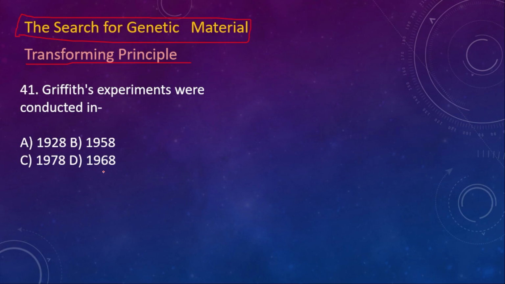Here the right option is option A, 1928. In 1928, the British bacteriologist Frederick Griffith conducted a series of experiments using Streptococcus pneumoniae, a bacteria that causes pneumonia. He is very famous for the transforming principle.